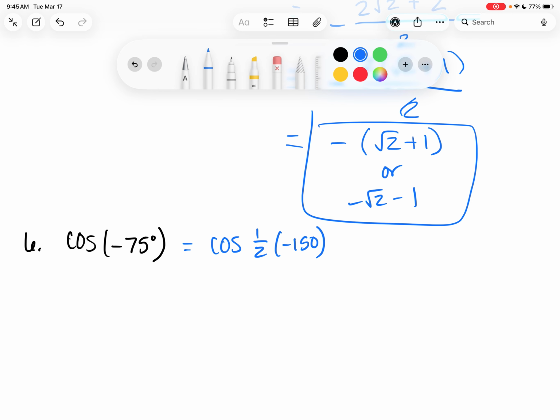How about add 360? Yeah, that'll work. So I'm going to add 360 to this. So I'm going to treat this as the cosine of half of 210.